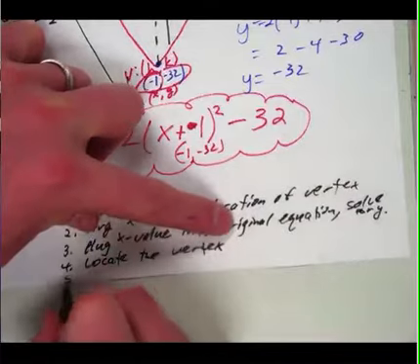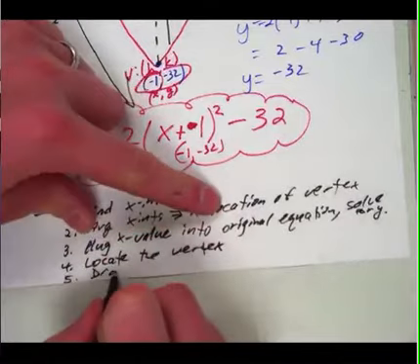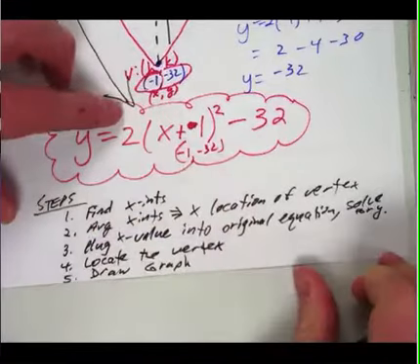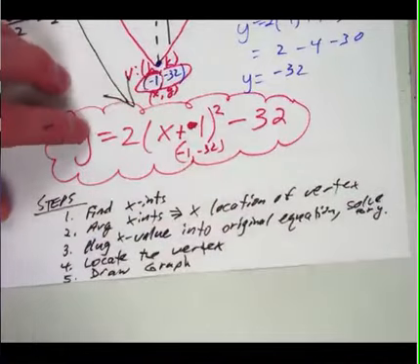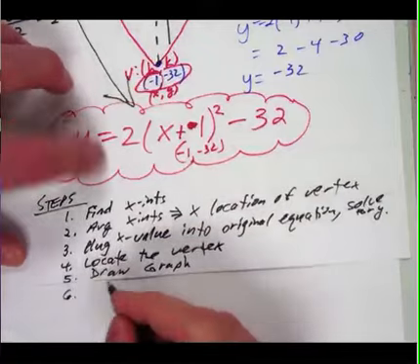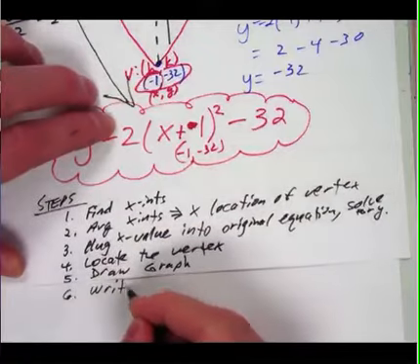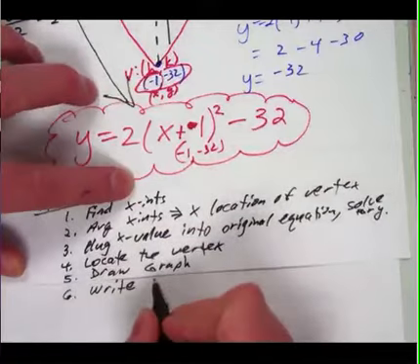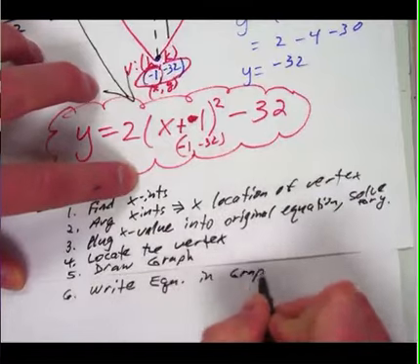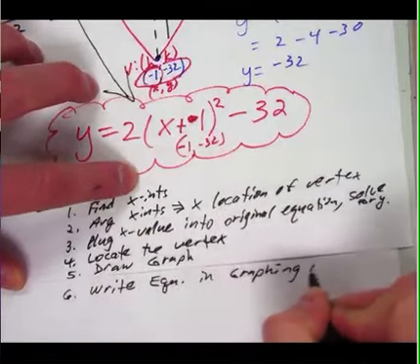So step 5 would be simply go ahead and draw the graph. Because now, after you've got the vertex location, you can easily draw the graph. And then from there, once you've got the graph drawn, step 6, you can write the equation in graphing form. And the graphing form comes from your h and k value.